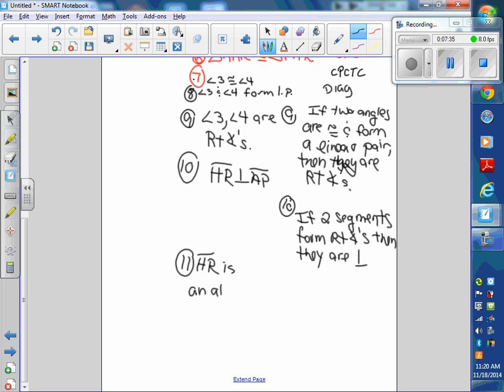All right? So altitudes are perpendicular to base.